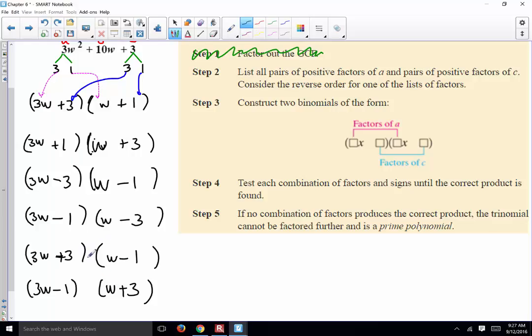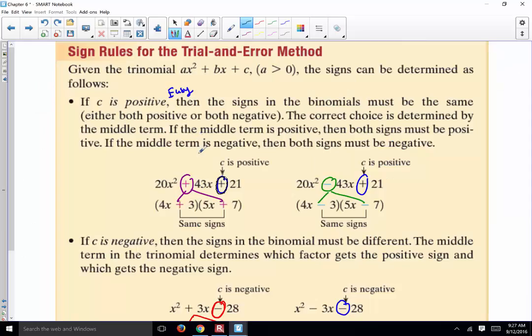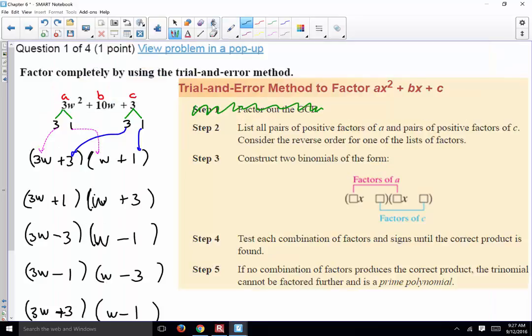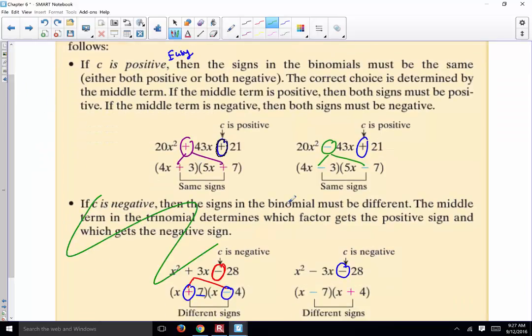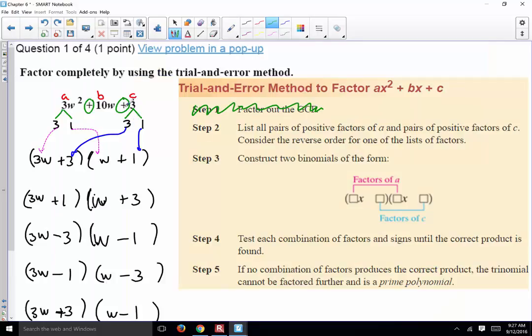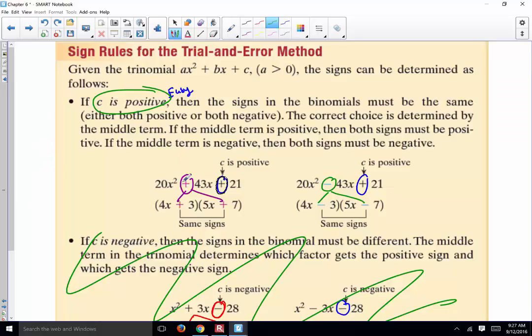I have 8 options, right? Correct? And the question is, shall we test all of these out? Shall we test it? Let's use the table. What does the table say? Let's check out the signs first. This is a positive, this is a positive. If you have a positive number on the end, it's positive, this is positive C. Then check out the sign of the middle term. If it's also positive, these two numbers must be positive.